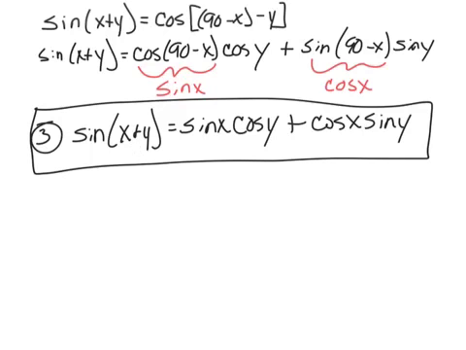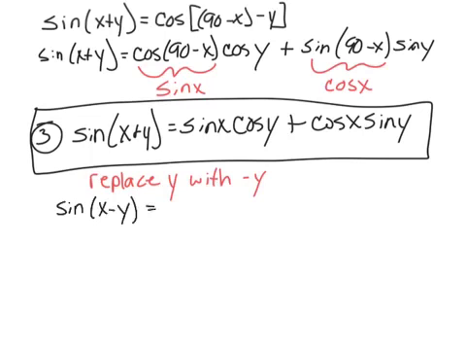Finally, to get to the fourth one, I want to find the sine of x minus y. We're going to replace y with negative y again. So when we do that, we get sine of x minus y equal to sine of x cosine of negative y plus cosine of x times the sine of negative y.